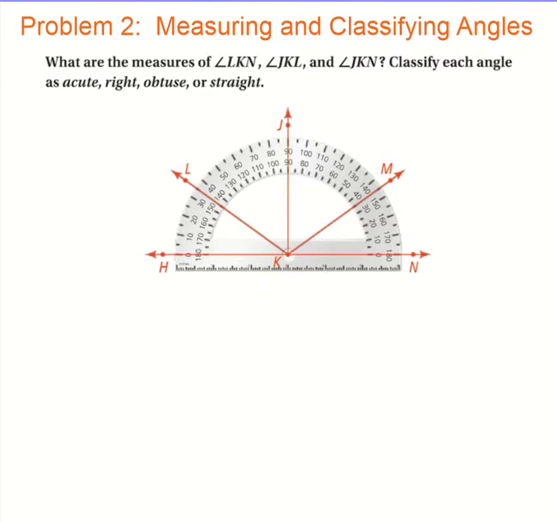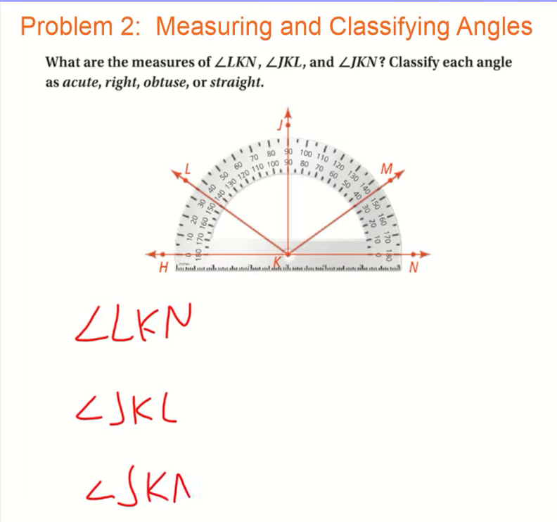And so here we have some different angles, and so we're going to measure and classify them. What are the measures of angle LKN, JKL, and JKN? So let's write that down. LKN, JKL, and JKN. And so first, it helps to know where all of these angles are. So it looks like L is at, we're going to say it's at 145 degrees.